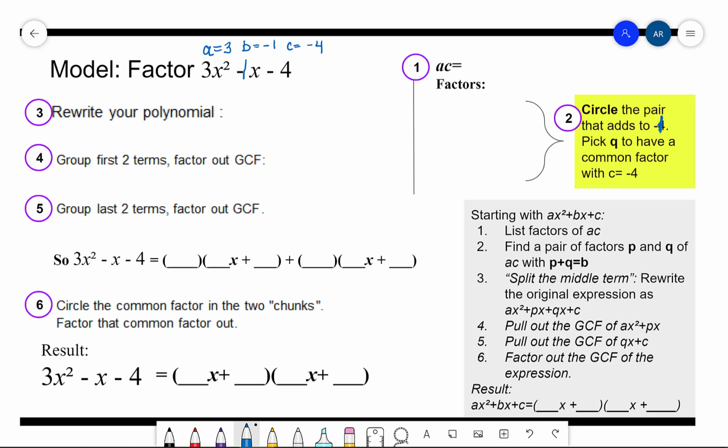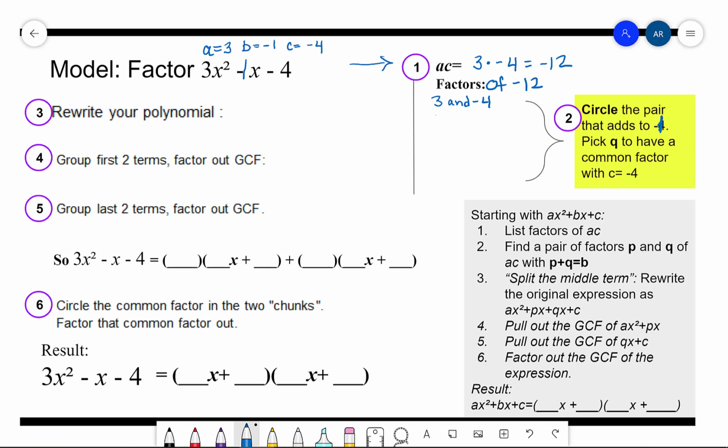So I'm going to compute a times c first. That's my step 1. I always do this over here on the side. I write a little vertical line, at least while I have all the spaces written out here. So ac is going to be 3 times negative 4, or negative 12. So I need to find factors of negative 12. One of those factors would be 3 and negative 4.